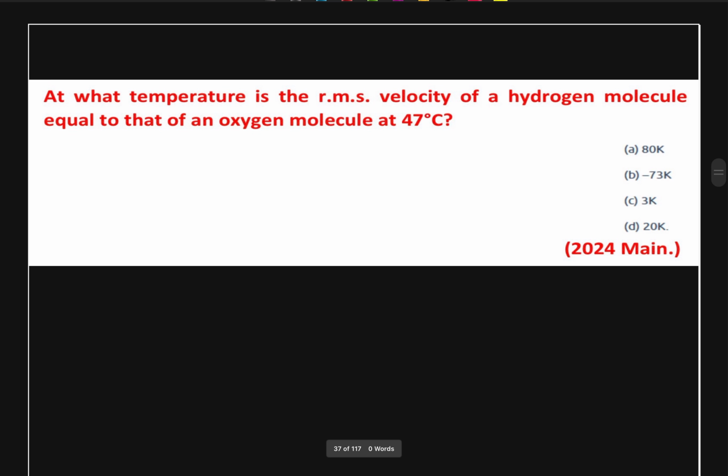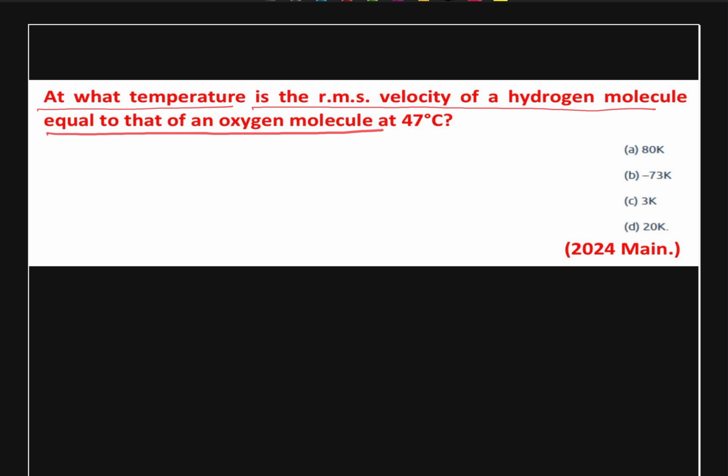It states that at what temperature is the RMS velocity of the hydrogen molecule equal to that of the oxygen molecule at 47 degrees centigrade. This is based directly on the formula. The only thing is that the RMS velocity of hydrogen is equal to the RMS velocity of oxygen.